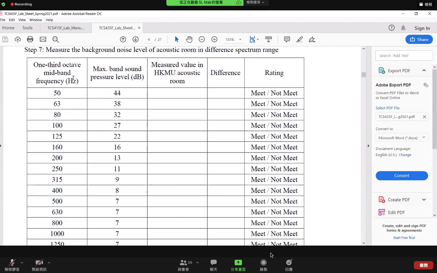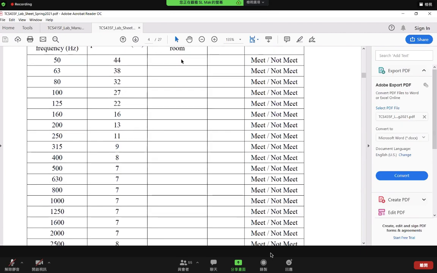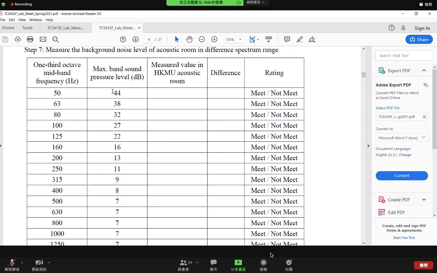And then step 7. You try to use our sound level meter to track the background noise. It is the requirement mentioned in ISO 11201 and ISO 11202.